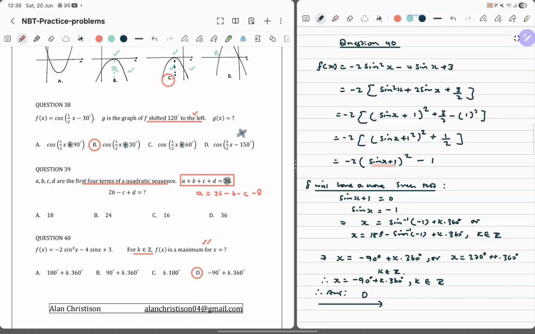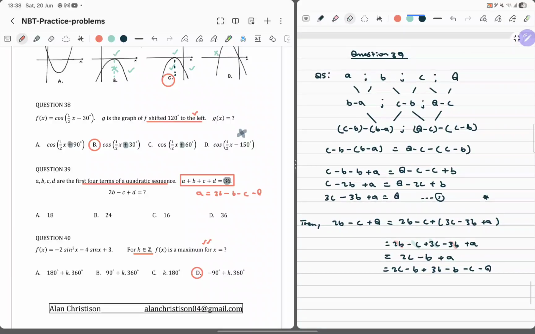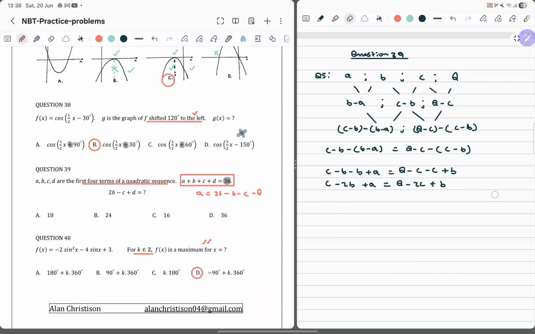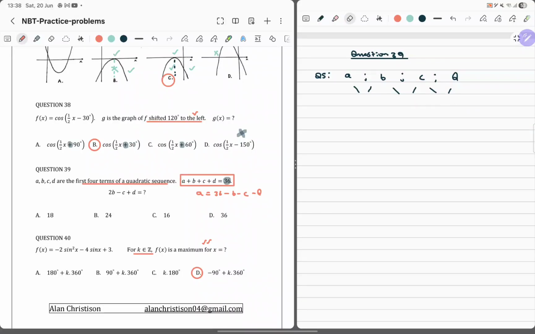Let's go back to that 39. 39 was the panel question. Something is not adding up here. You know, when something is not adding up and there's too many things to consider, we start afresh. Let's start from the bottom. Now we're told these are the first 4 terms of a quadratic, right? So we know that b minus a is going to be the same. Okay, not the same. We're going to have c minus b there, and then we're going to have d minus c. This is a sequence, right?